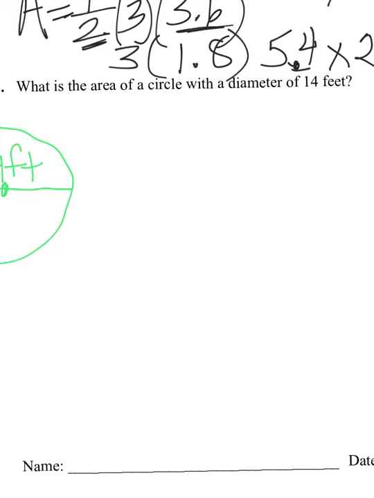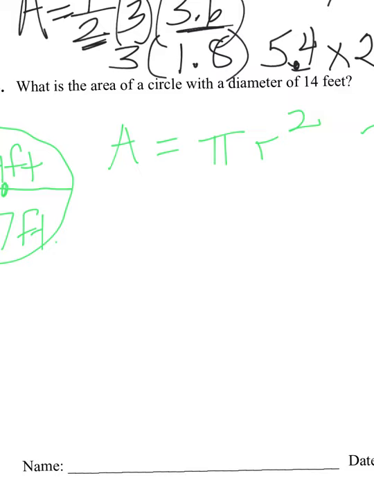This problem would be 7 feet. Because the formula for the area of a circle is pi r squared. Remember, there are 2 things we could use for pi. Pi could be 3 14/100, or it could be 22/7.